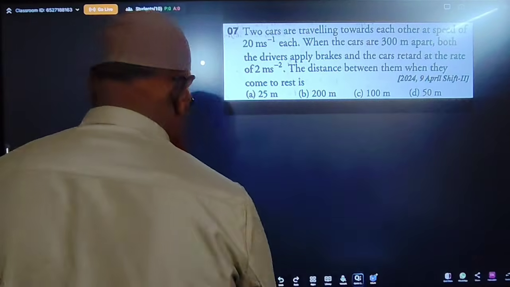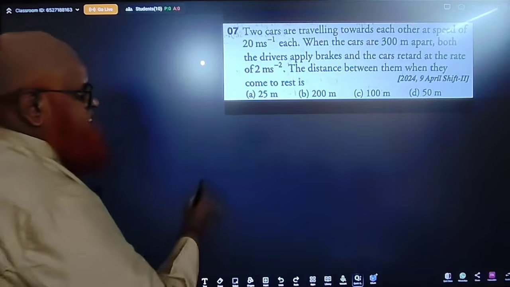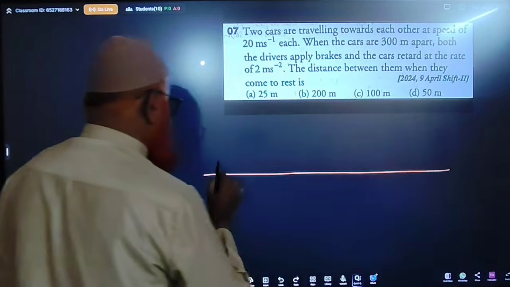See here. See this problem. Two cars are traveling towards each other.